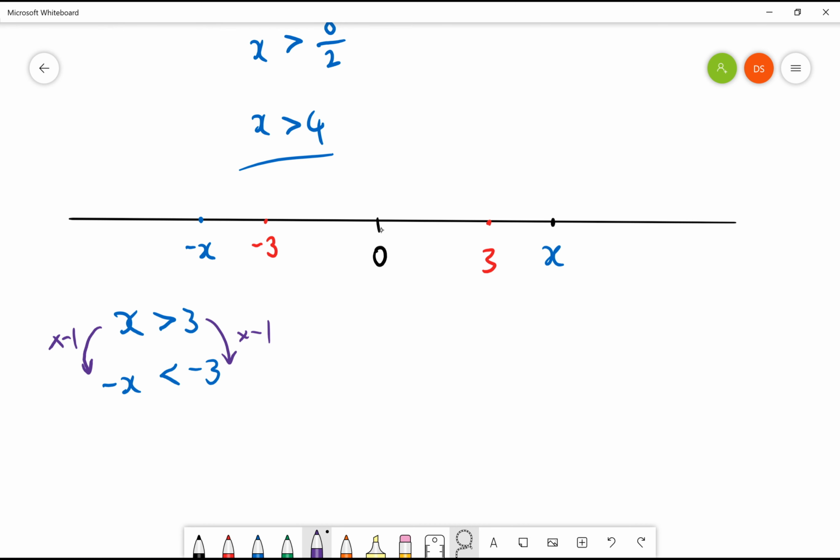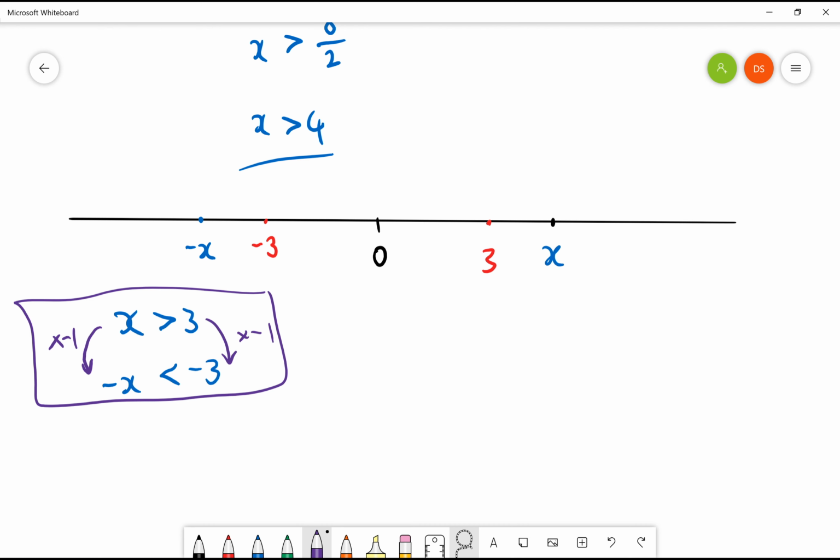Because when you flip in the mirror, 3 is still closer to 0 than x was. Negative 3 is closer to 0 than negative x. And that's the crux. This is where that magical rule comes from. People say, when you multiply by a negative, you flip the sign. This is why. Because you're still just as far from the 0.